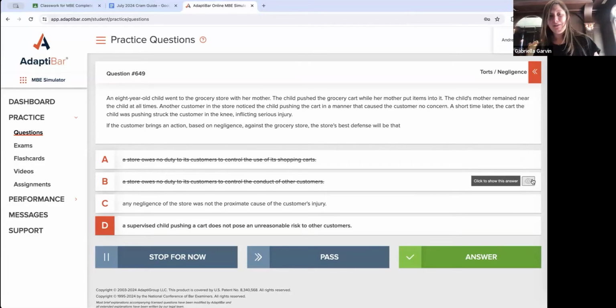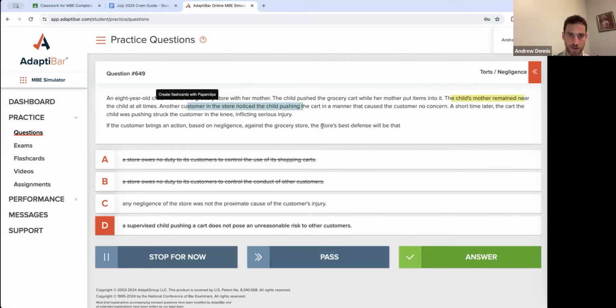Any negligence of the store was not the proximate cause of the customer's injury. I mean, it could have been, but it's too broad. So D is actually a true statement because if the child in the facts hasn't bothered the customer, then there's no unreasonable risk to other customers. So he wasn't being reckless and bumping into people on purpose.